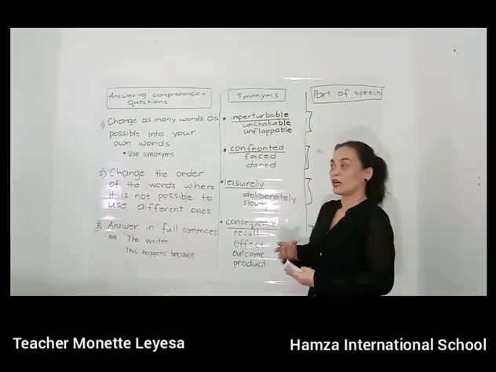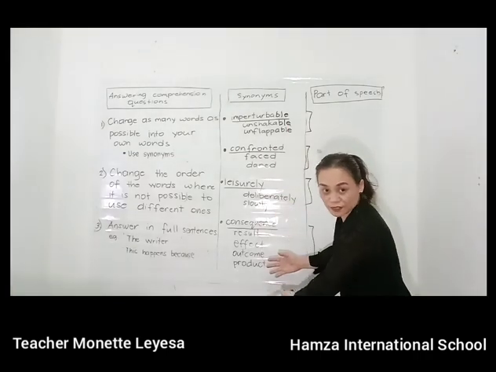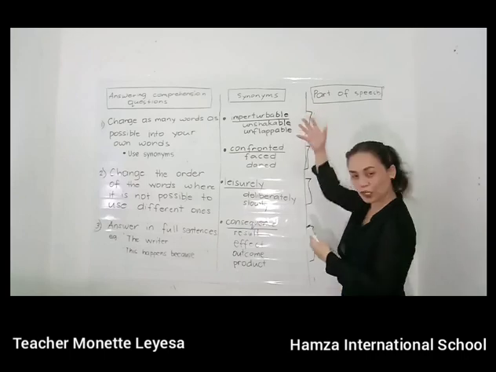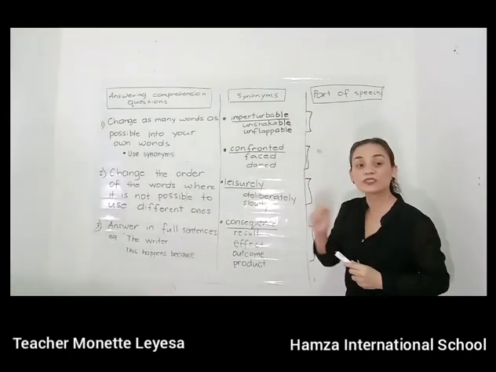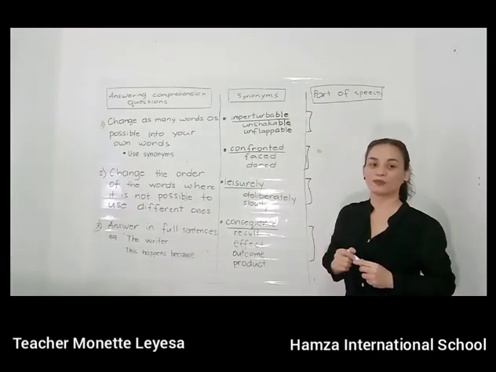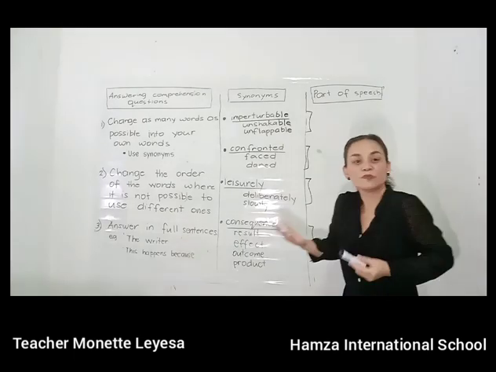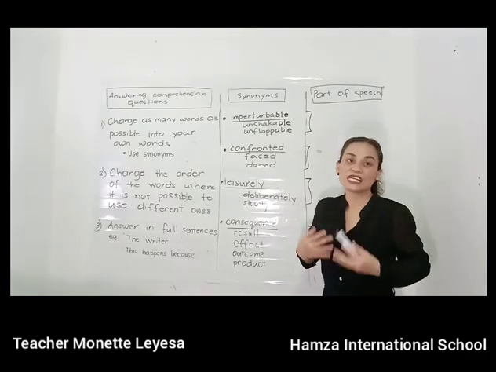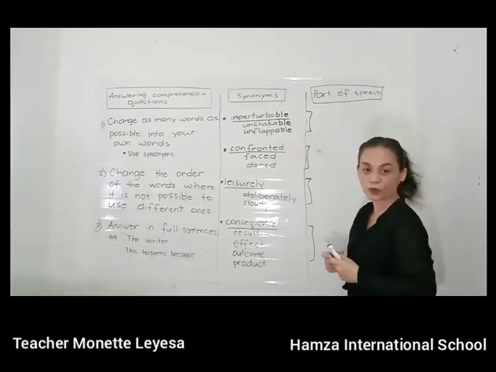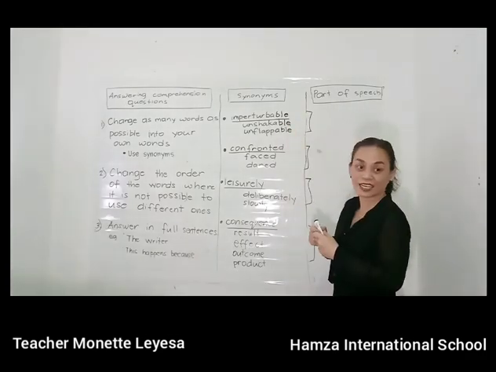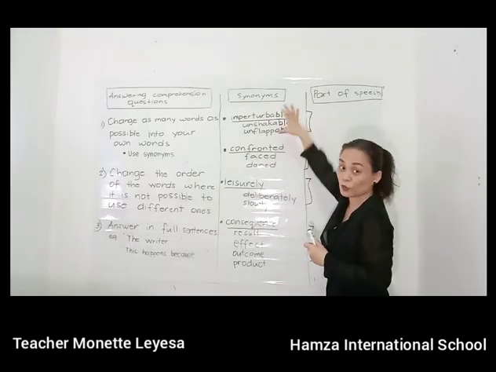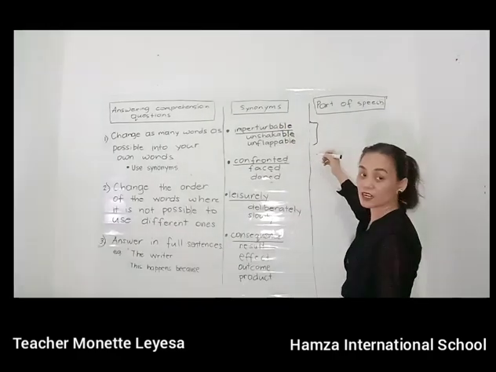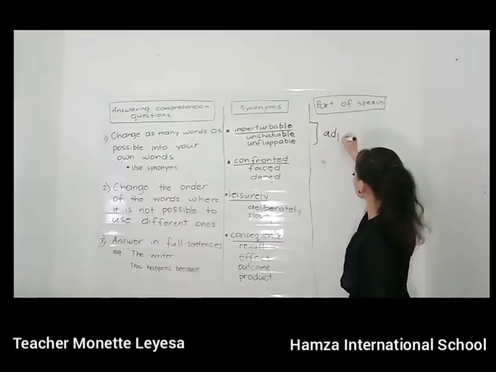Now, let's go back to this part and see. By looking at the first word, when we talk about synonyms, we don't stick to only one part of speech. It doesn't mean that we are only looking for adjectives. Because the first one, just by looking at the last part of the word, we automatically know that these are adjectives.